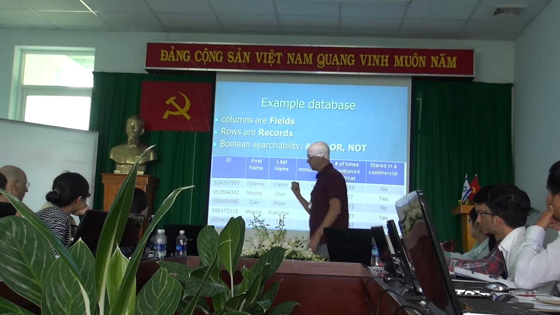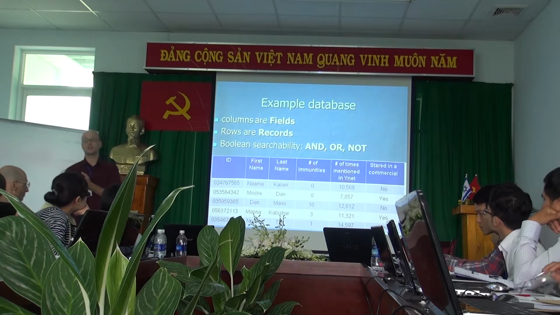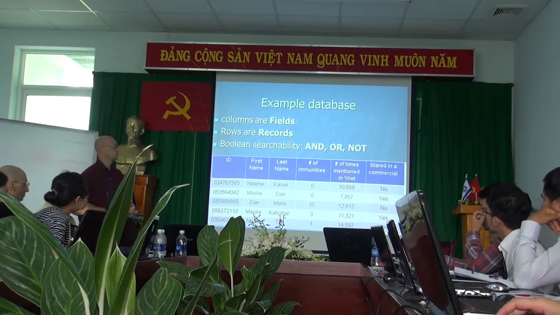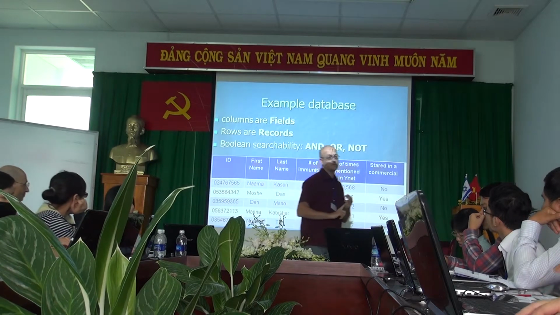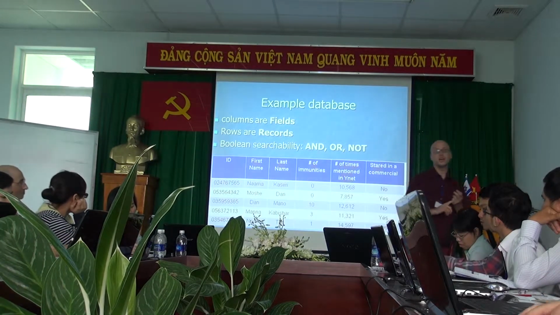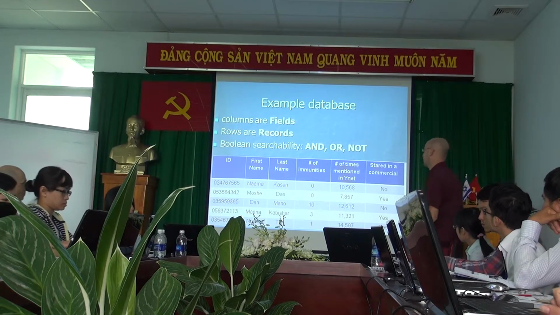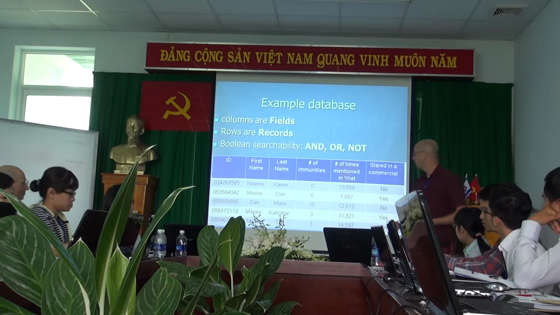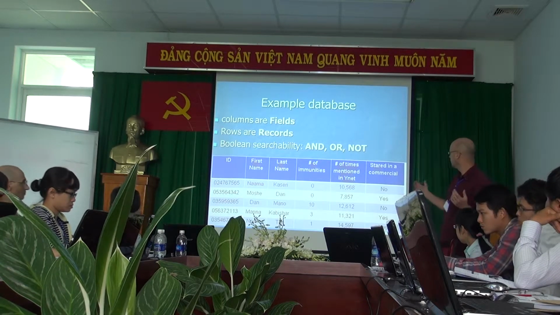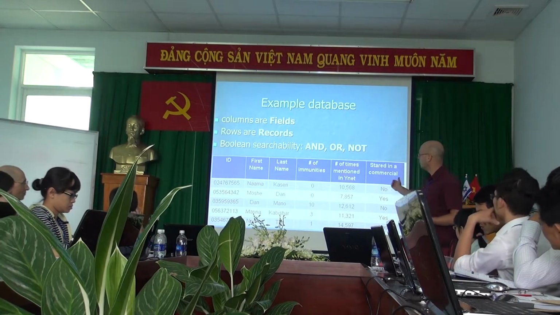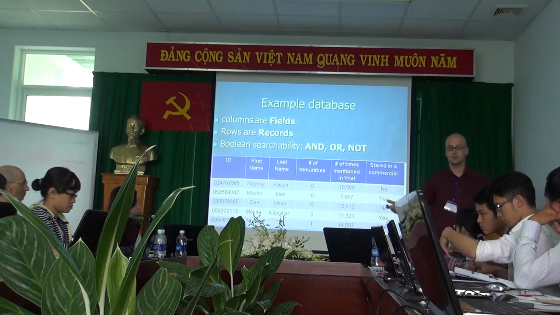And the nice thing about such a database is, first, it's organized. Organized databases means that they are easy to search. So, for example, if I asked you how many of the people starred in a television commercial?